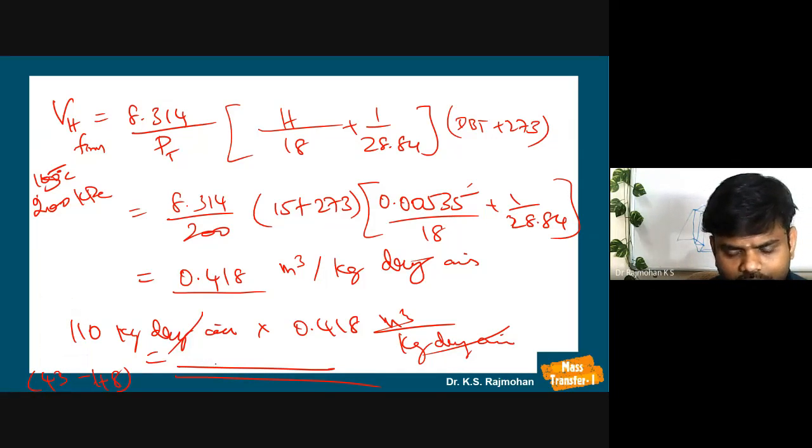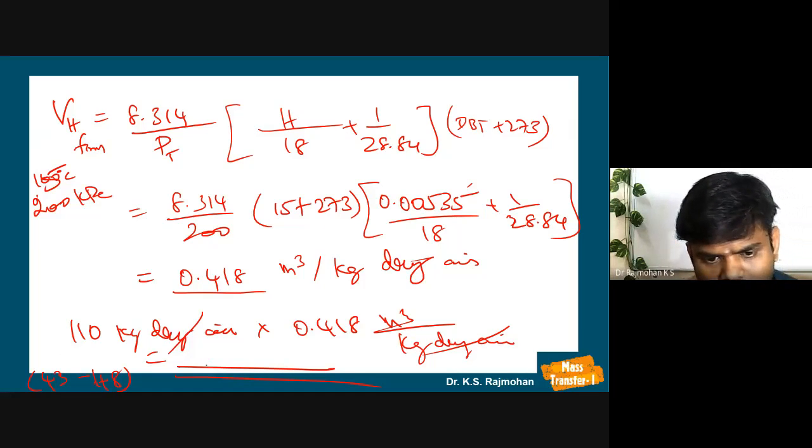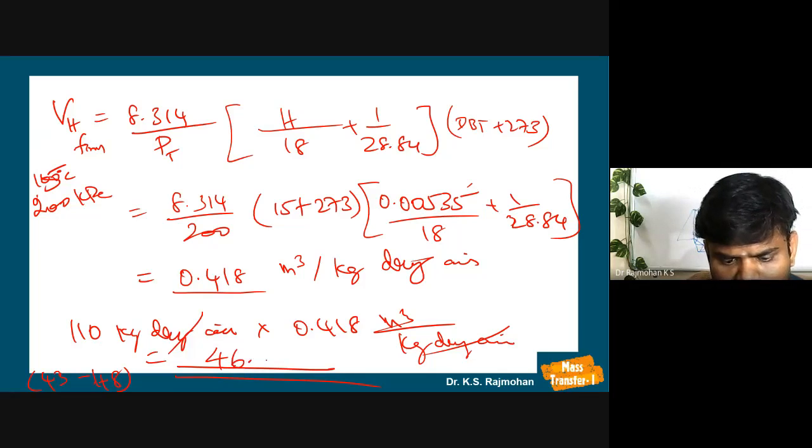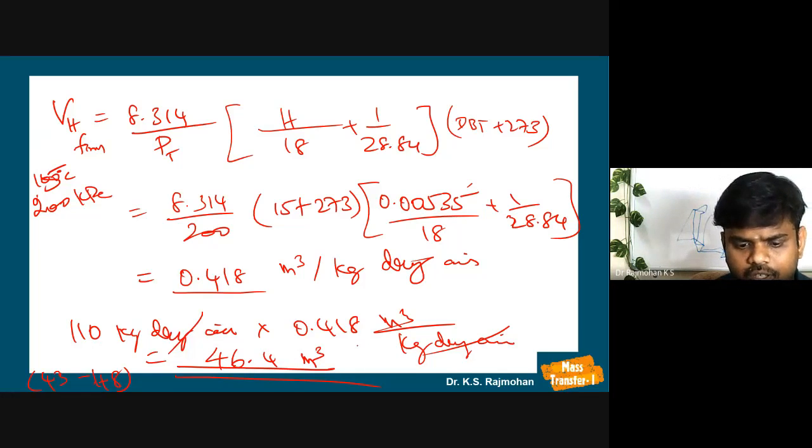Whatever is your answer, please report. For example, I am getting 46.4 meter cube as the answer. So we can report the final volume of the mixture as 46.4 meter cube.